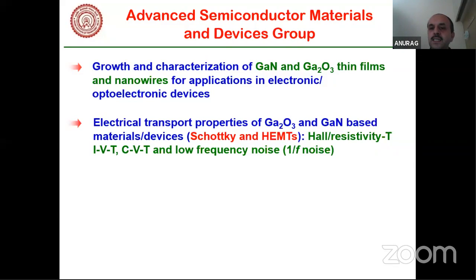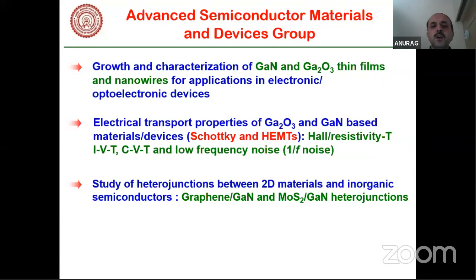We do Hall resistivity, current voltage measurements, capacitance voltage measurements, and also a specialized technique we use is the low frequency noise, or 1/f noise measurements. Although I'm not going to talk about this today, this is also one kind of research we do in our group.